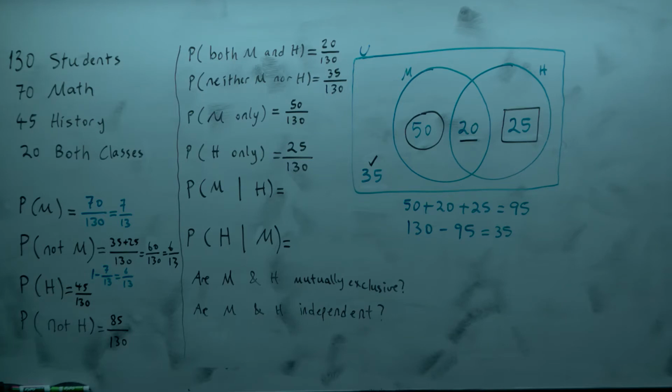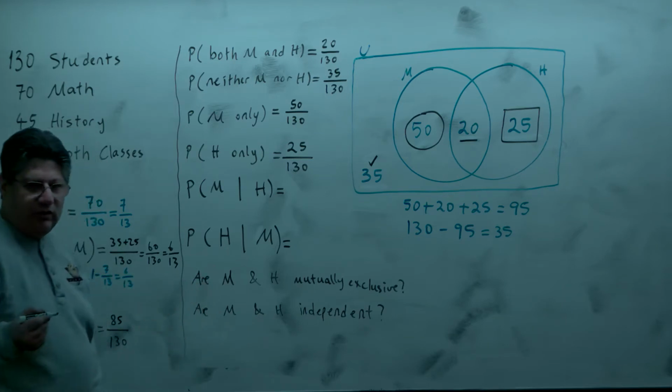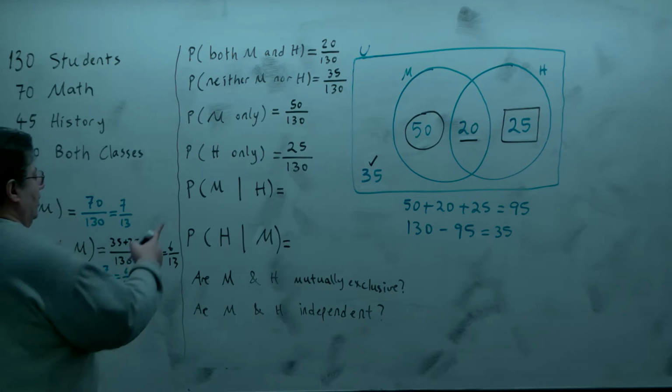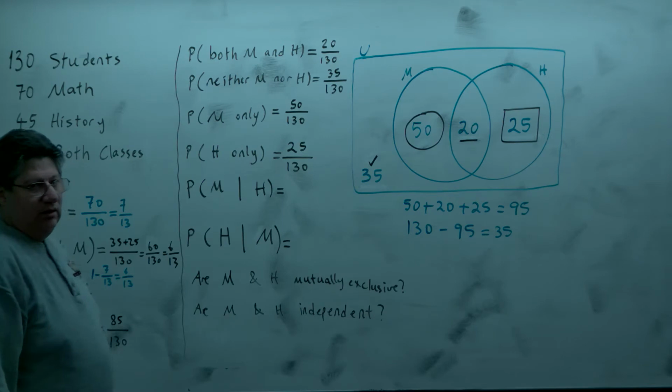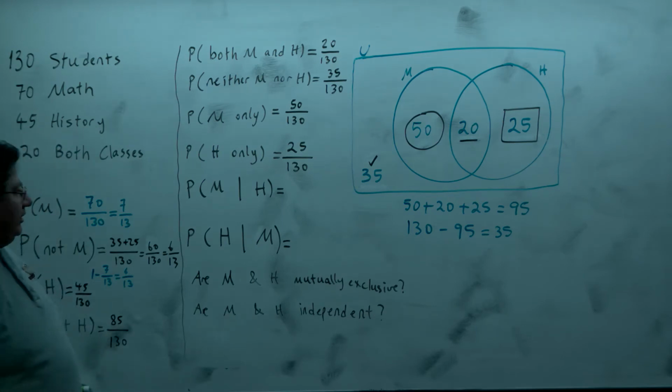Now, when we come to the next question, things start getting murky. In math, this symbol means "given." Math given history. What does that mean? A randomly selected student is given to take history. That's given.